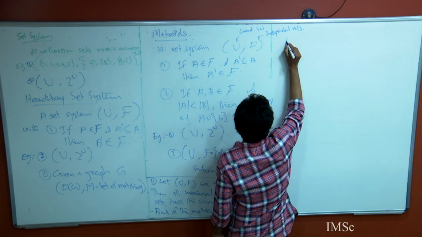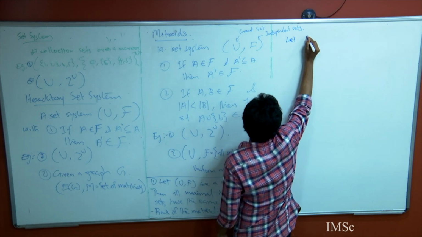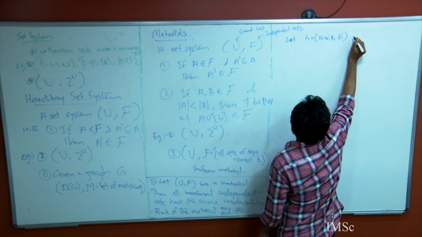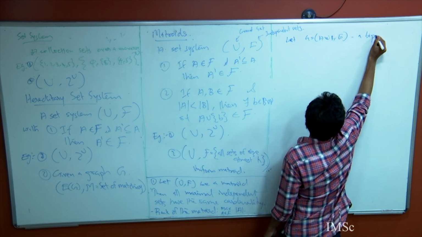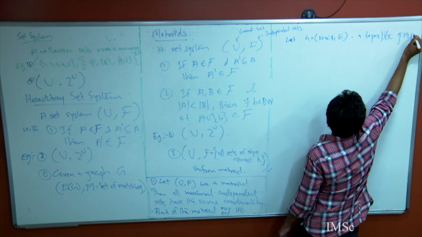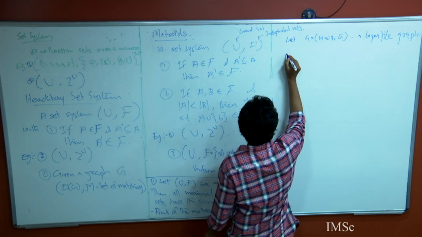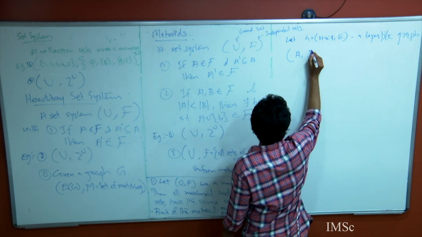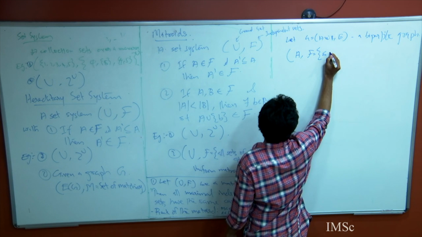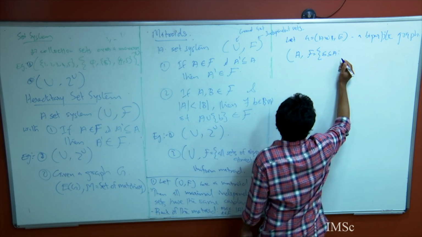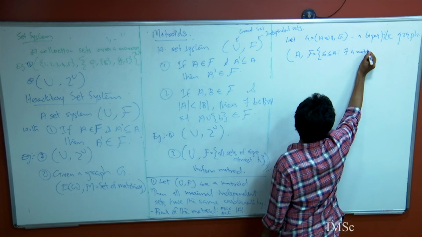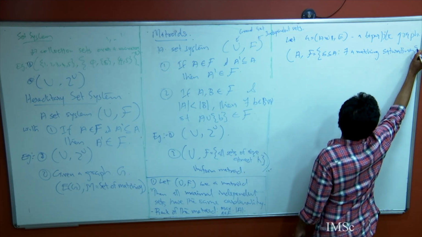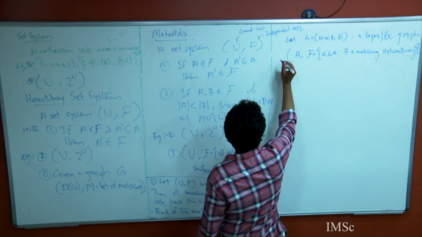So this is, let G be a bipartite graph. The set system I define is over A, and the family will have S, a subset of A, in the family if there exists a matching saturating S. And this is a matroid, like we will prove it.